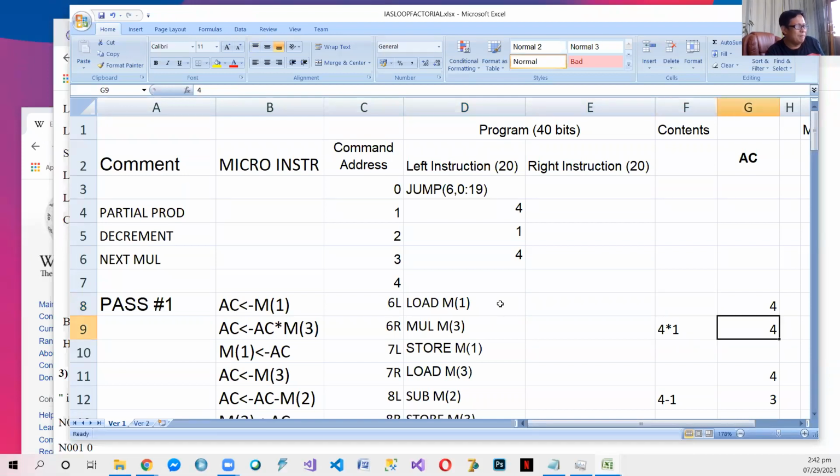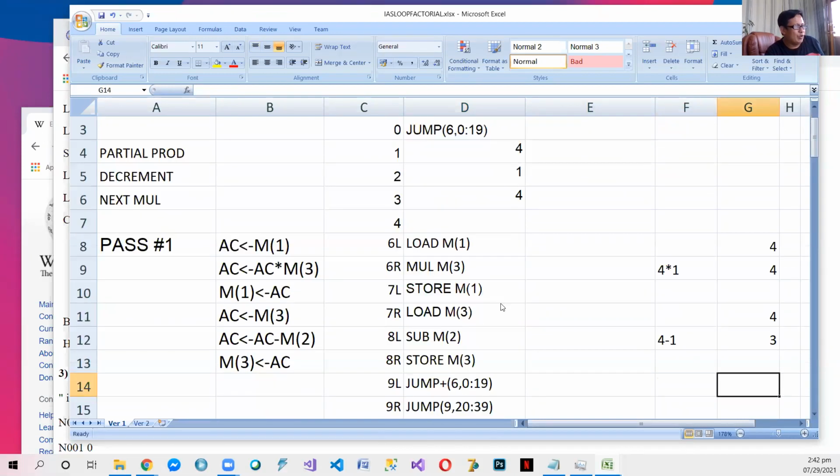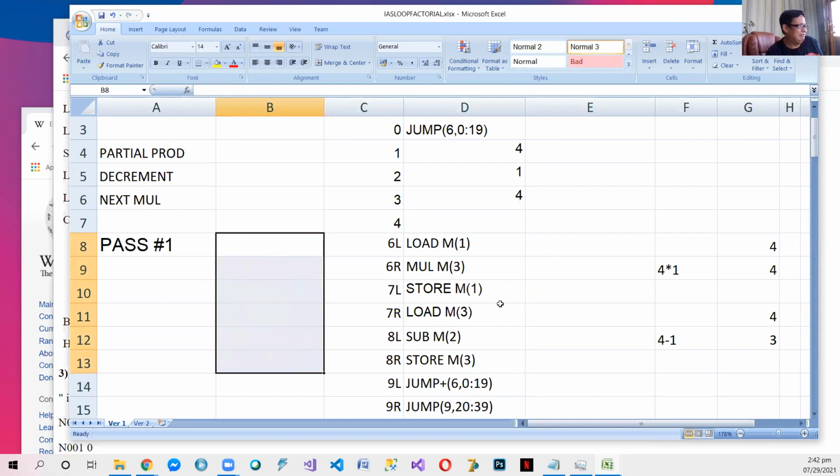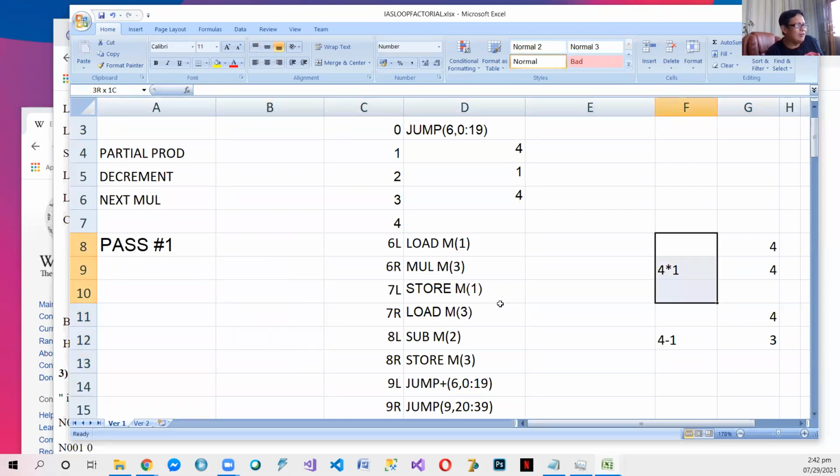First, we compute the partial product, then we compute the next multiplier, which is 3, and we check if it's positive. If it's still positive, we repeat. Okay, this is a conversion of the program from the analytical engine. Conversion lang ito ng analytical engine. Okay, do you follow?